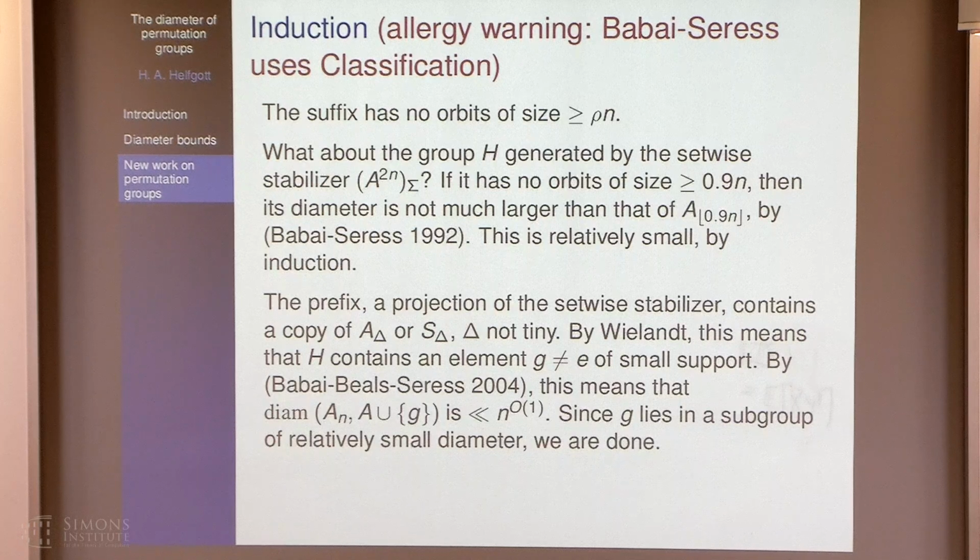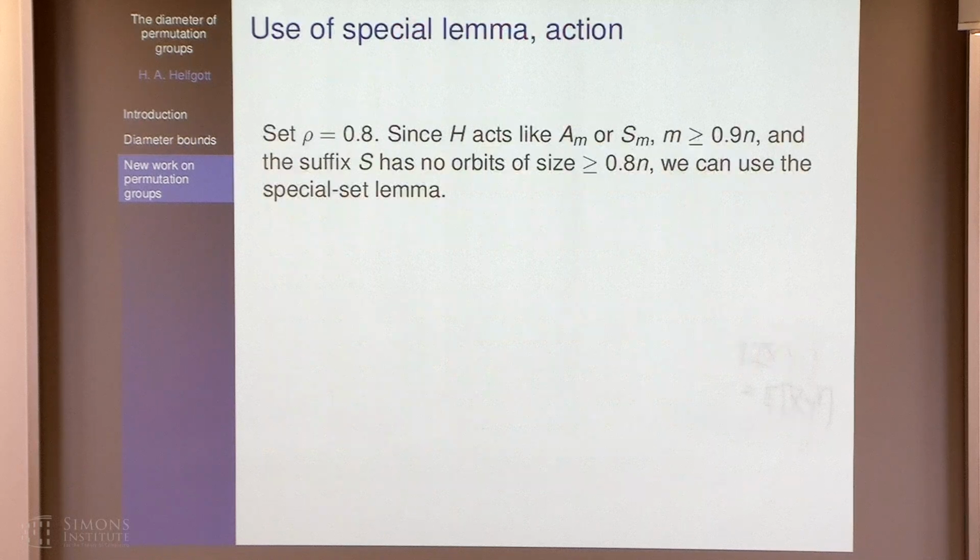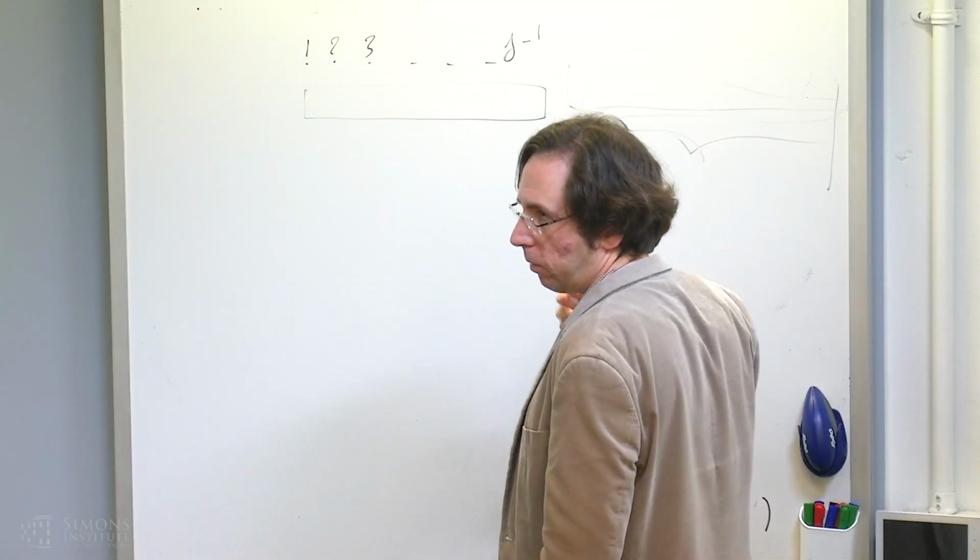Very well. So let us leave that aside. So let us say that the set-wise stabilizer does have a long orbit here. It's the point-wise stabilizer, once you fix one more point, that doesn't have long orbits. But then you can use a special set lemma, because you have the group generated by the set-wise stabilizer here, by its projection here. It has a long orbit, yet nothing here in the point-wise stabilizer has a long orbit.